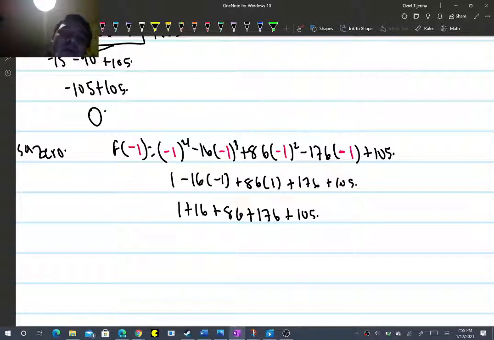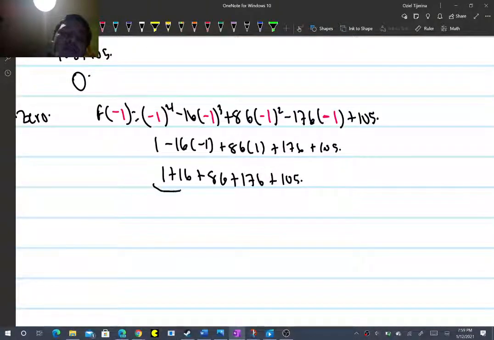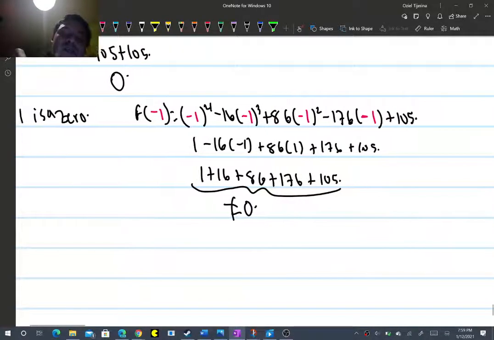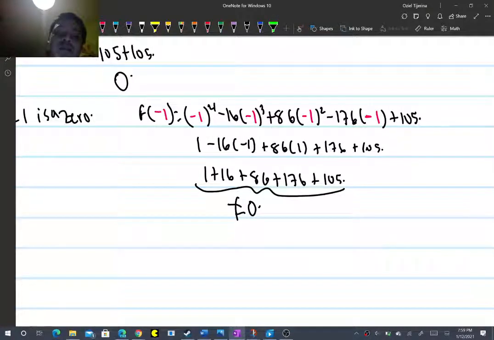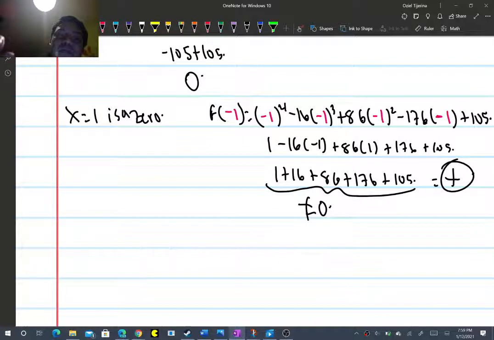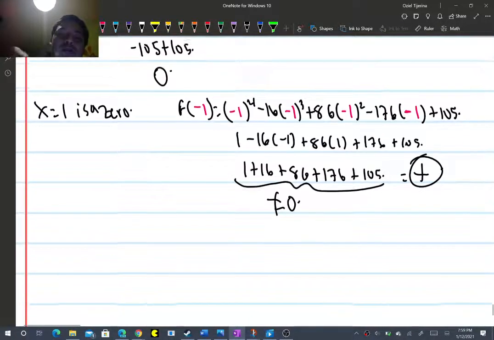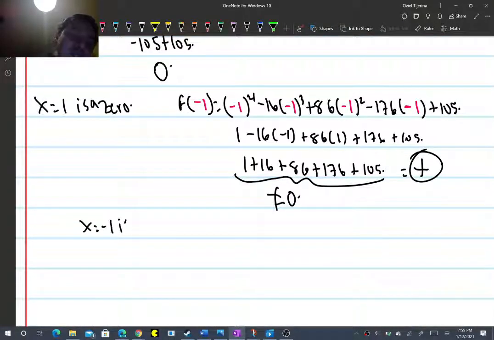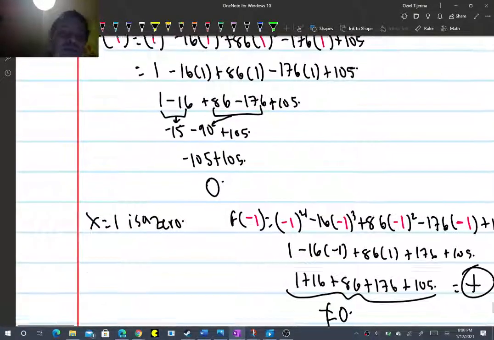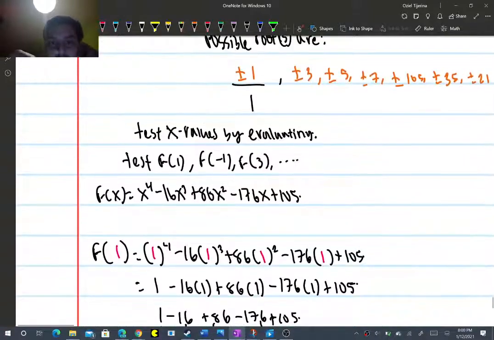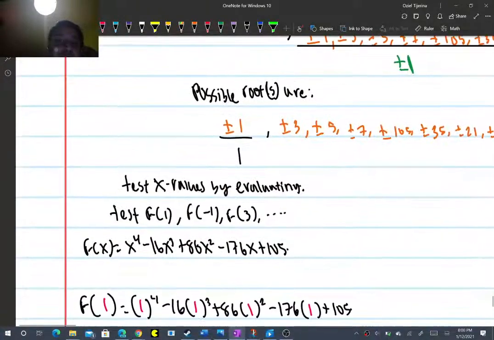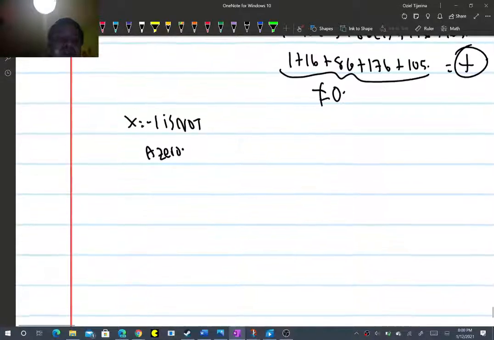Now, I don't really have to finish adding this because they're all positive numbers. This does not equal 0 because they're all positive numbers. It's going to add up to a positive number. So, knowing that, x equals negative 1 is not a zero, okay? We're going to do f of 3. Okay, so we have f of 3.